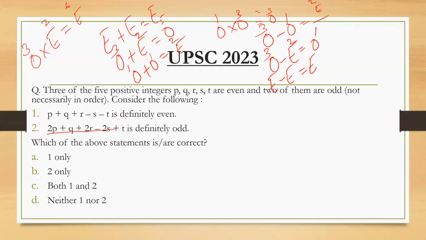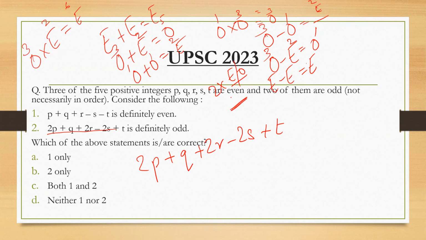See this statement. It is saying 2p plus q plus 2r minus 2s plus t. What we have learned, 2 into anything, be it even, be it odd, what do we get finally? ये हमने डिस्कस किया.